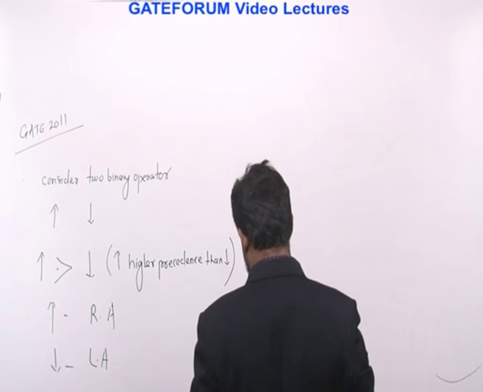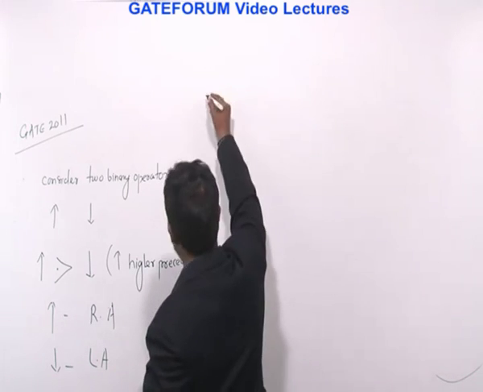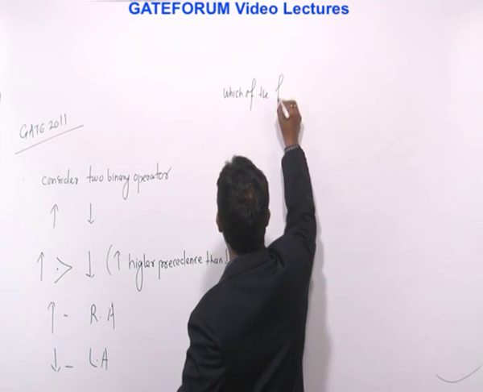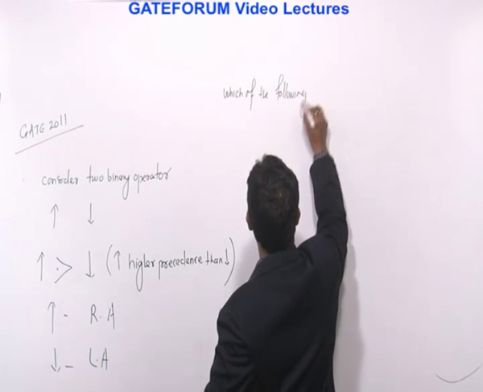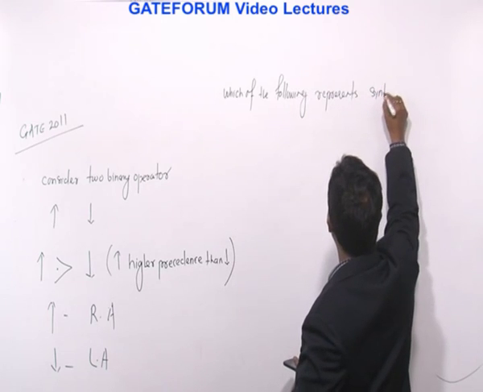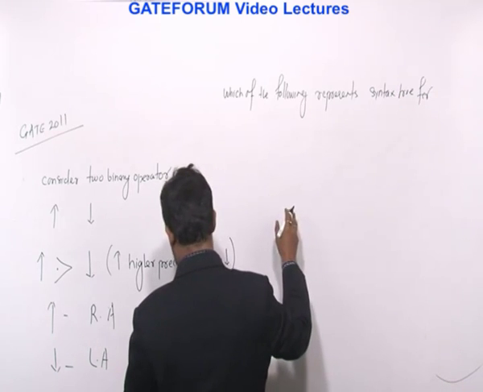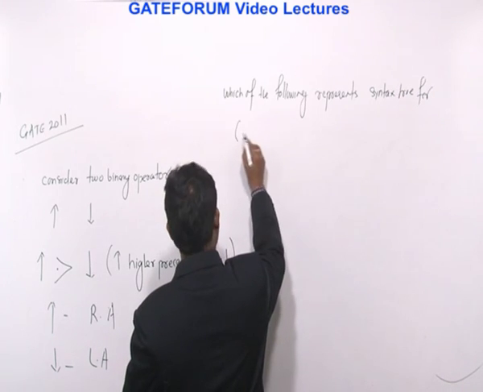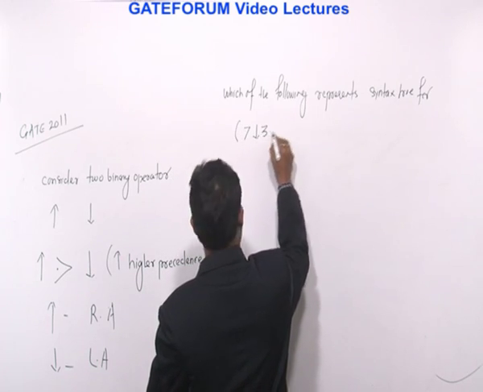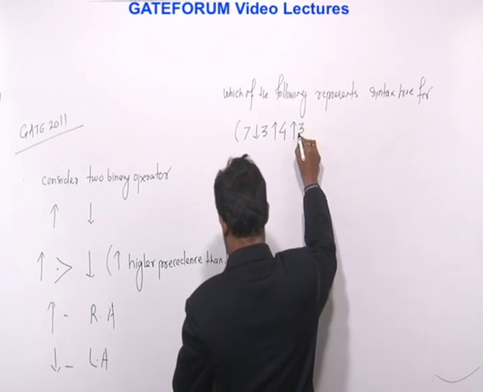Which of the following represents the syntax tree for the expression 7 down arrow 3 up arrow 4 up arrow 3 down arrow 2.